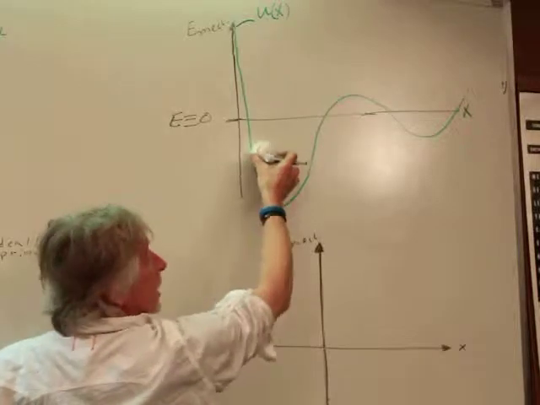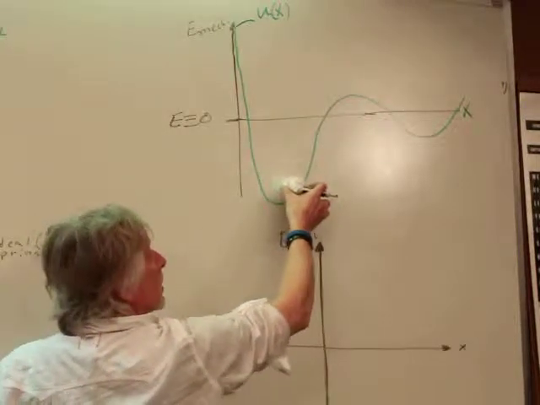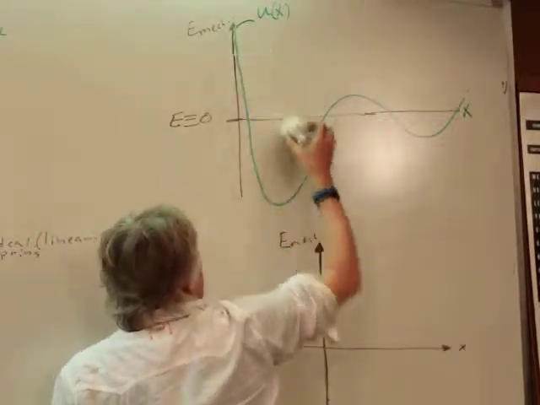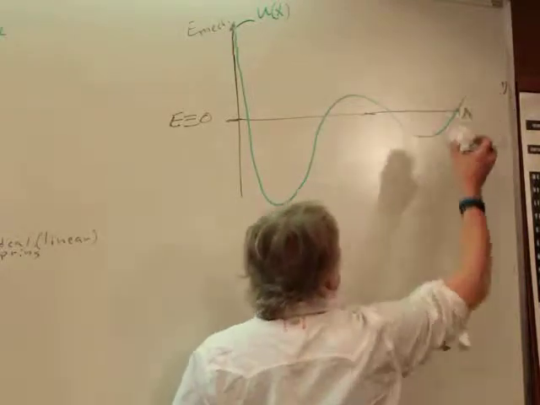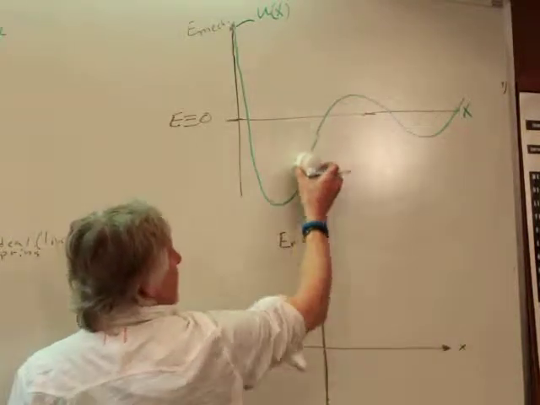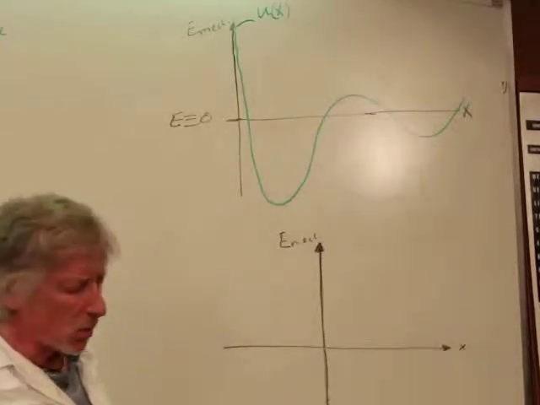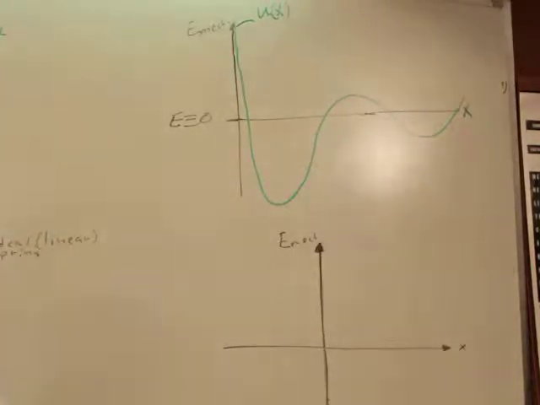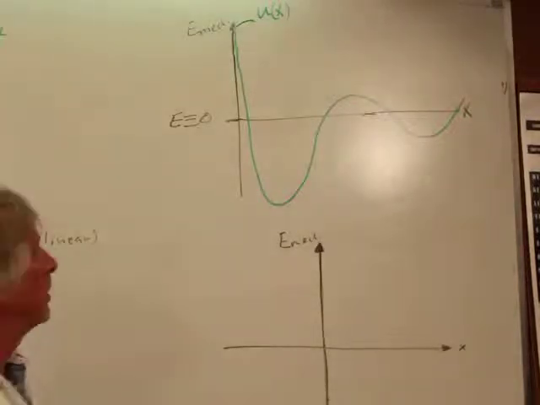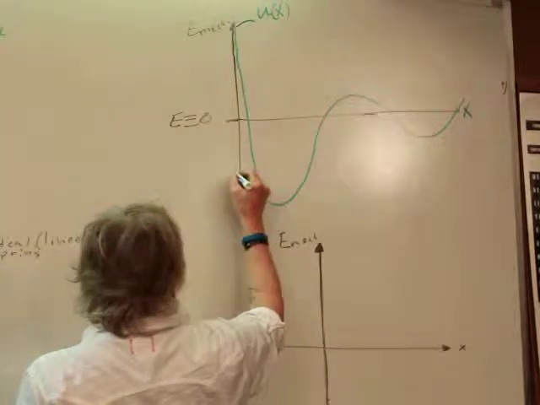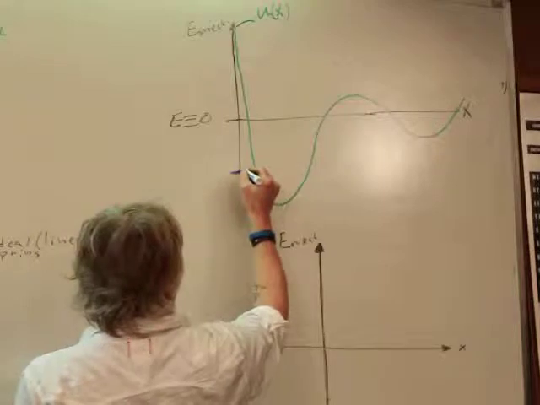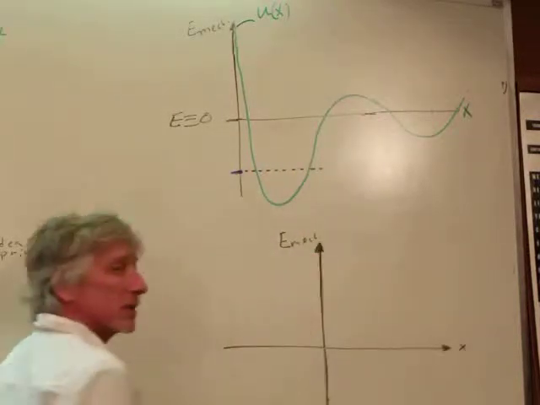It'll pick up speed, pick up kinetic energy, and it'll slow down. But I started up here, so it's going to be able to get over this. If I start here, I'm not going to be able to get out, am I? It's what's called a bound state. So what matters in terms of what happens is how much energy you start with. If I start with this energy, I'm going to stay with that much energy.